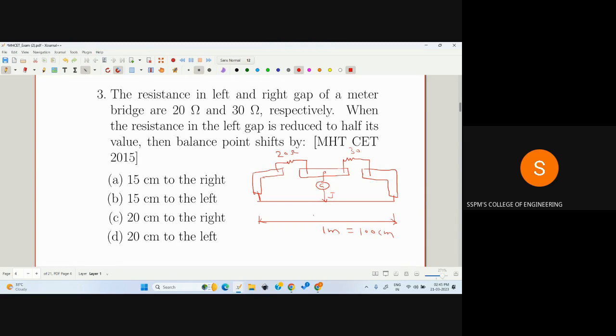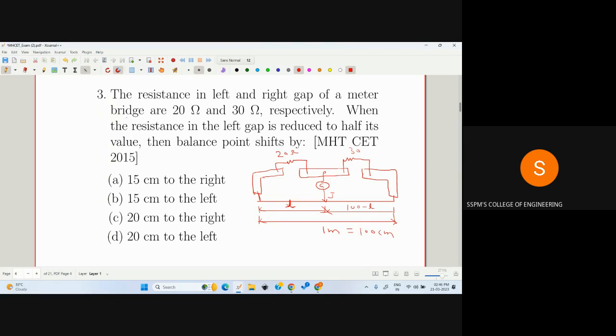In the first case, let's consider the null point occurs at point X, and this length will be L. Let L be the location of the null point, and the total length is 100 centimeter. So this length at the right hand side must be 100 minus L centimeter, isn't it?